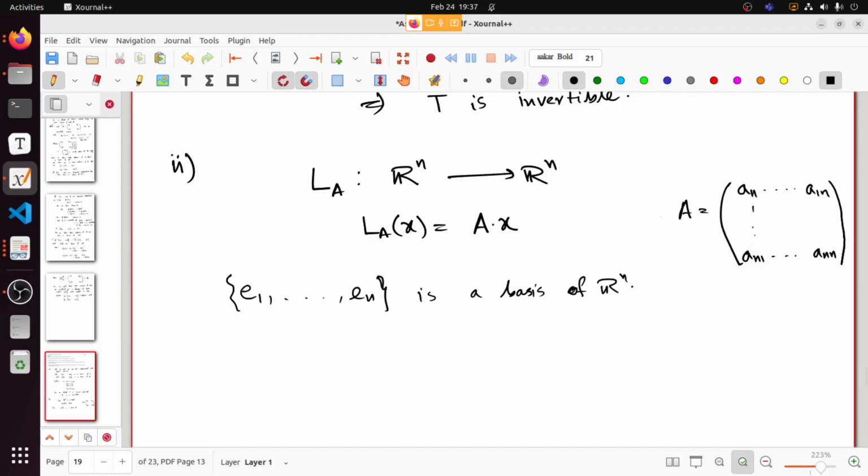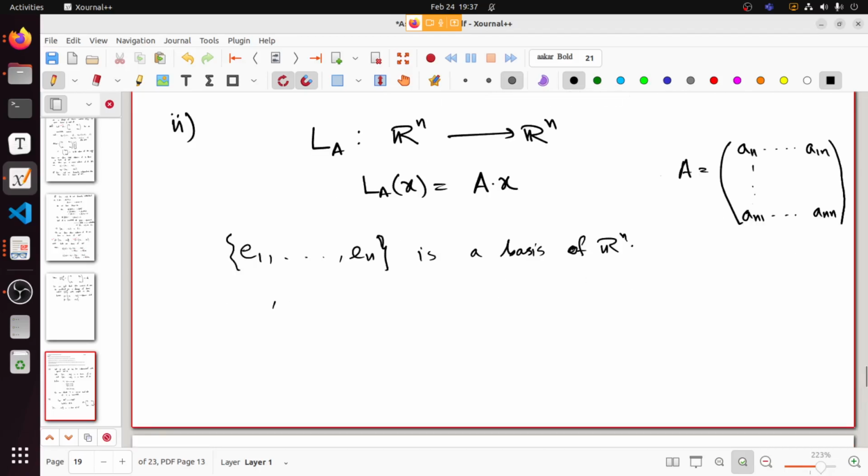Then what will be LA of e1? LA of e1 will be A dot e1, right?